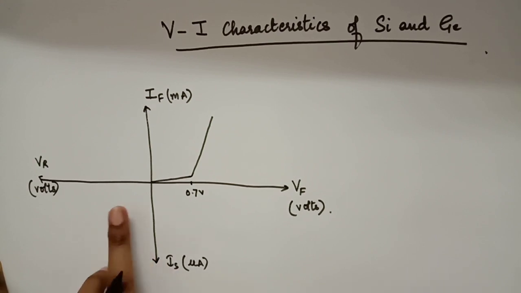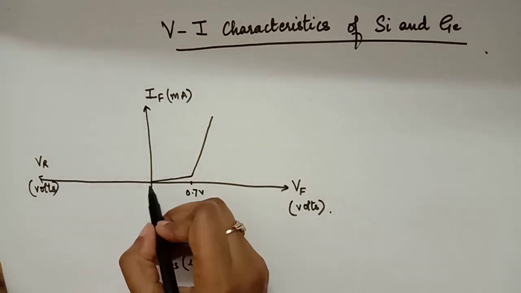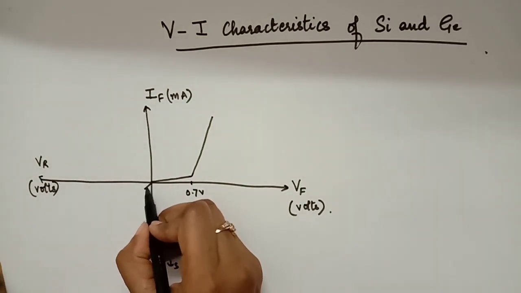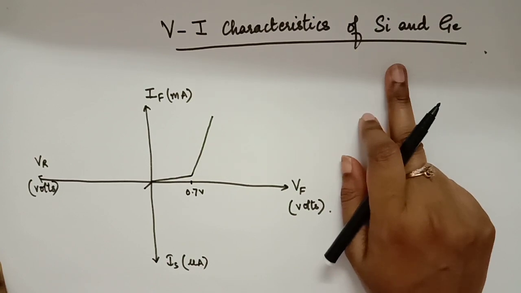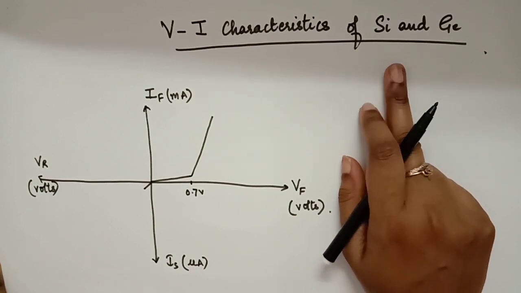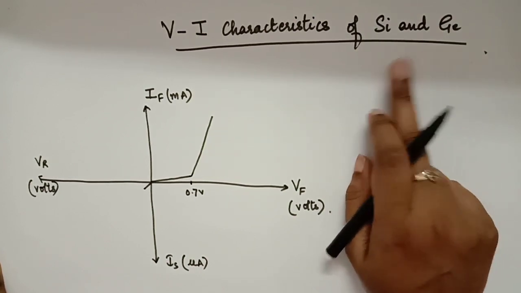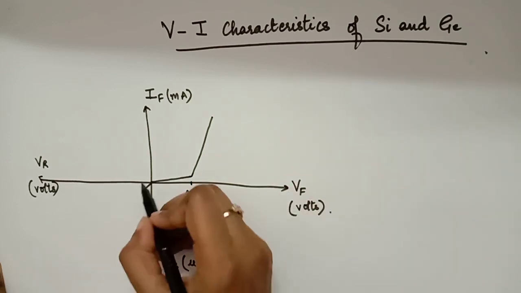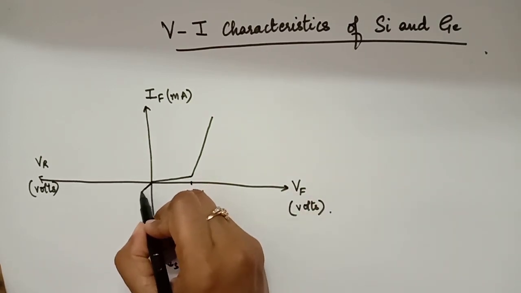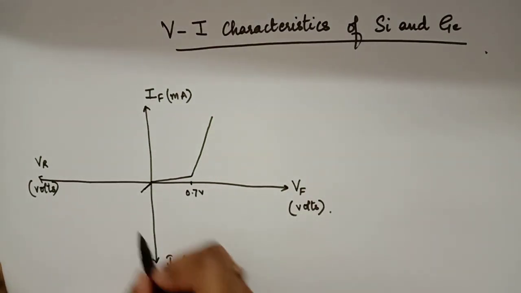Now let us move on to the reverse characteristic. A small reverse saturation current will flow. Do you remember what was the leakage current or the reverse saturation current for silicon and germanium? Which one was greater? For germanium, the leakage current or the reverse saturation current was greater. So let us draw it for silicon first of all. A small reverse saturation current will flow.